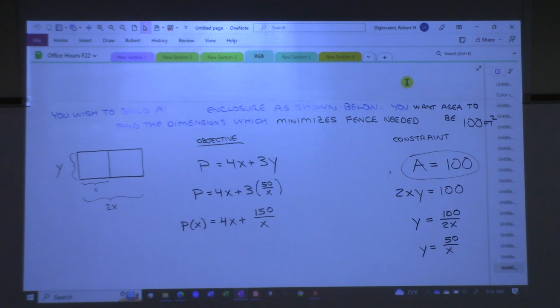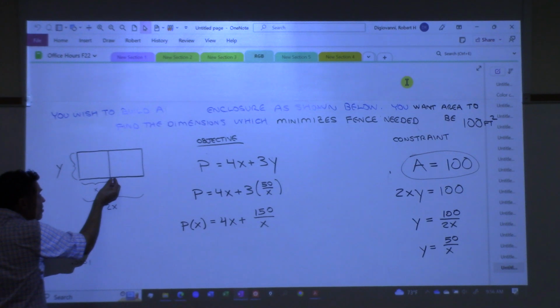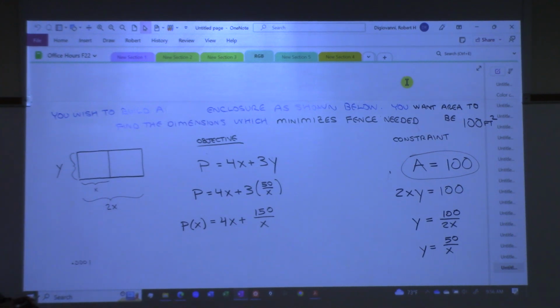Now, could x be 0.0001? Could I make this 0.0001 and then the next one 0.0001? Yeah, but the y would have to be really big, right? And my dog wouldn't fit in there anyway, but that would be possible, wouldn't it?